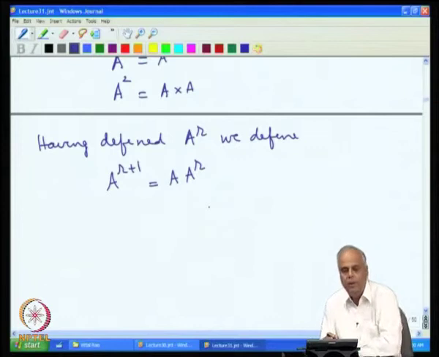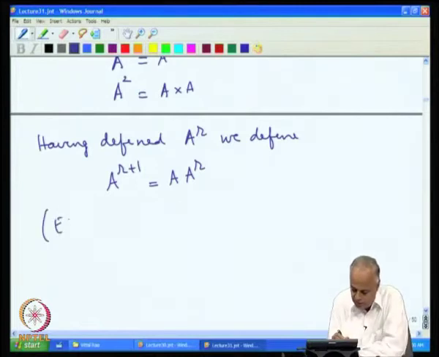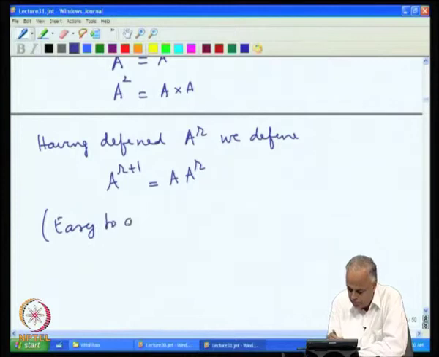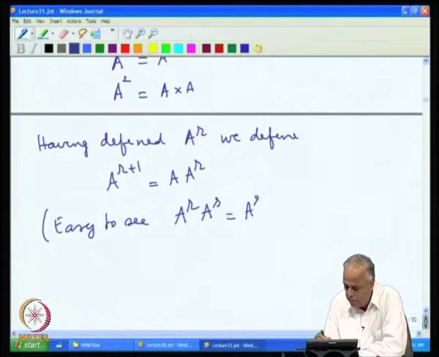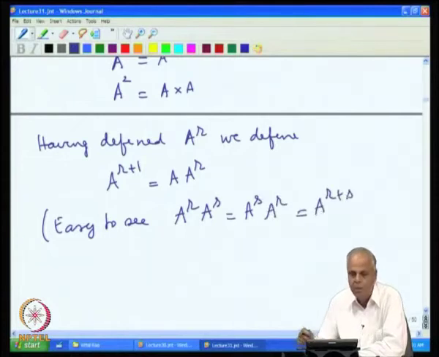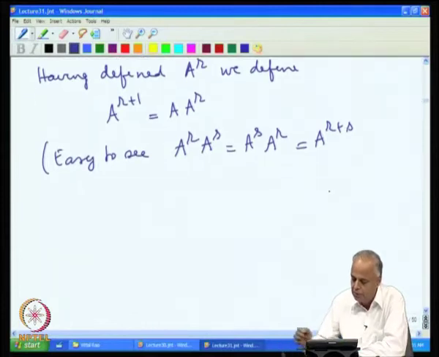We can easily see that if A power r and A power s are two powers of A, they commute with each other. It is easy to see that A power r into A power s is A power s into A power r, which is equal to A power r plus s for any positive integers r and s.